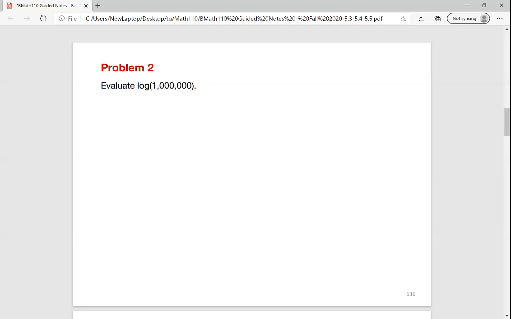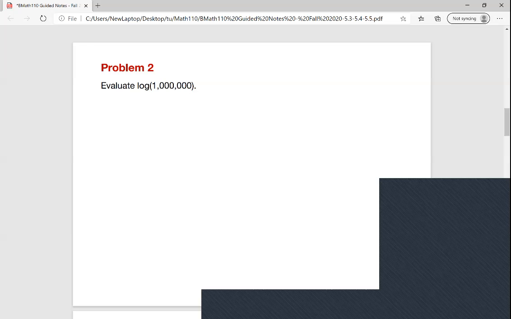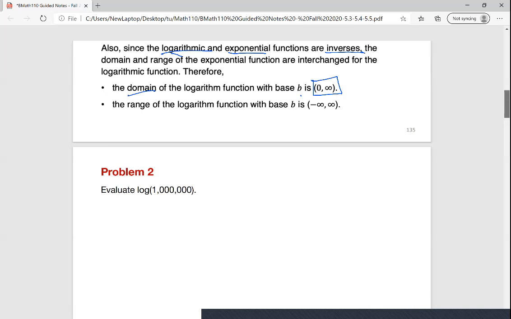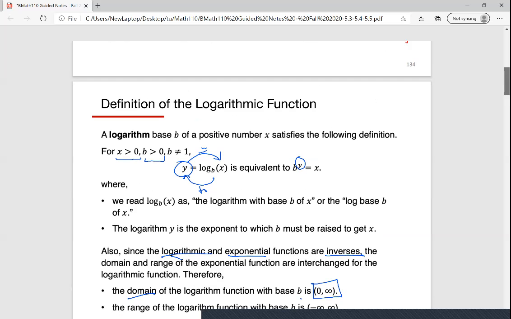So if I want to evaluate this one, I would love to use the property, property 1 over here.